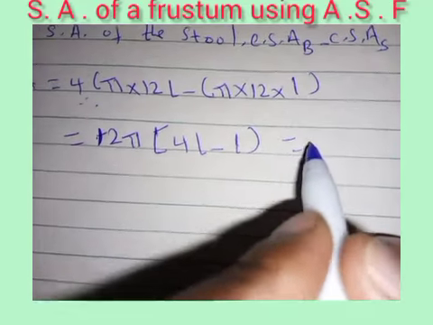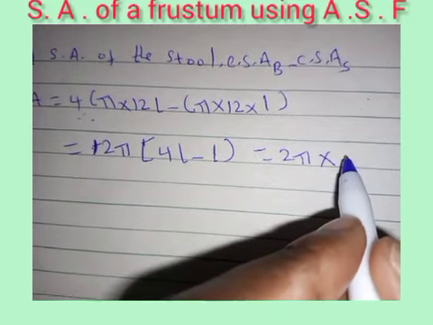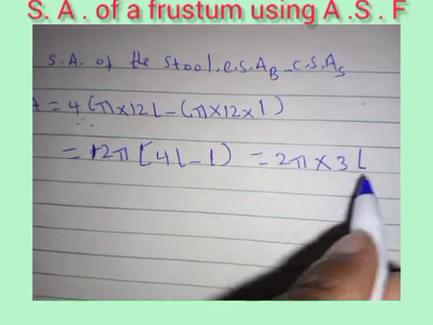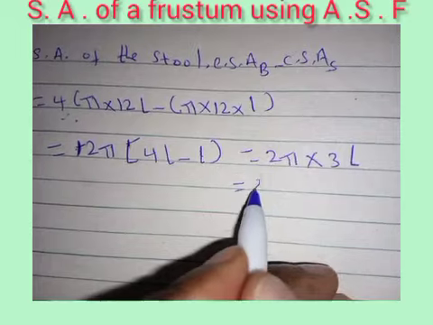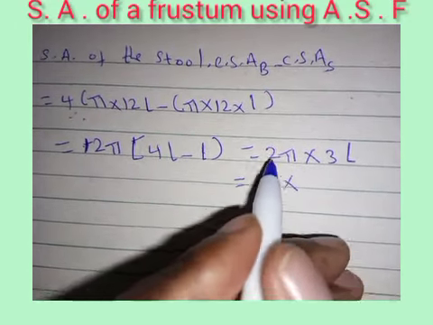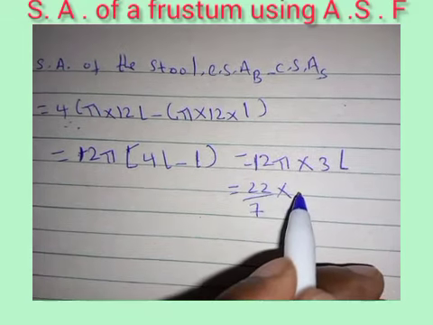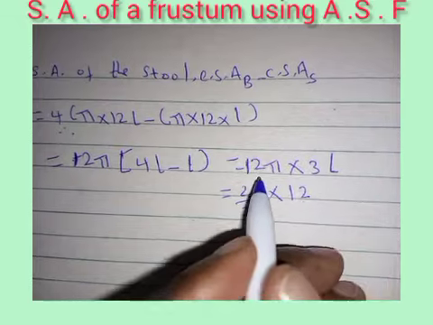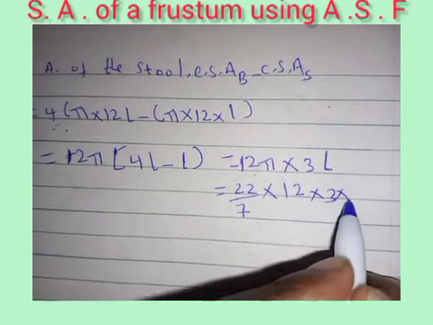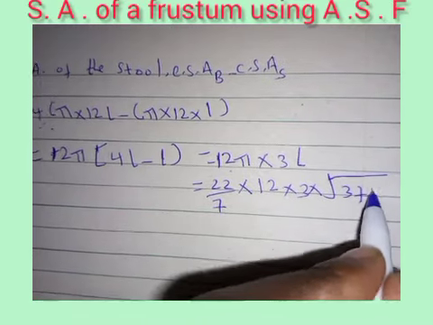So this is equal to 4 pi multiplied by 3L, which is equal to 22 over 7 times 12 times 12 times 3 times square root of 3744.